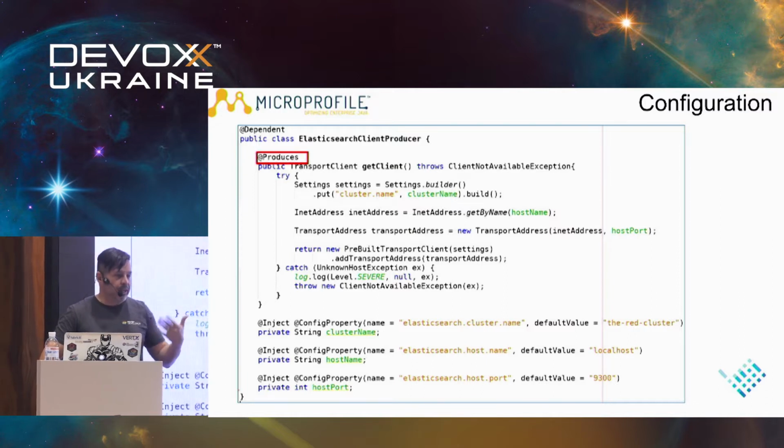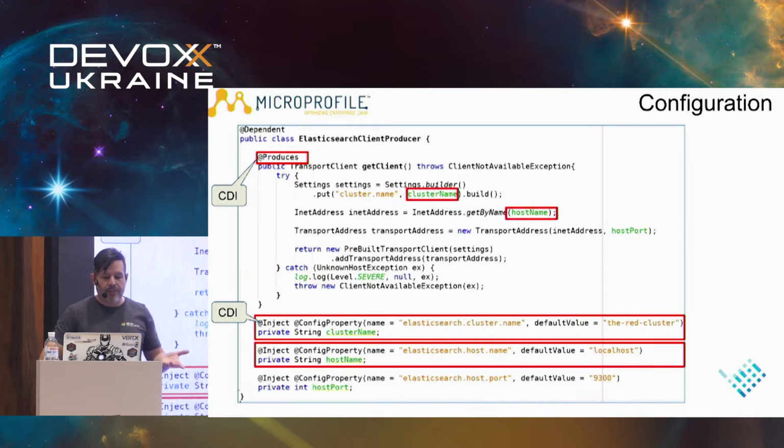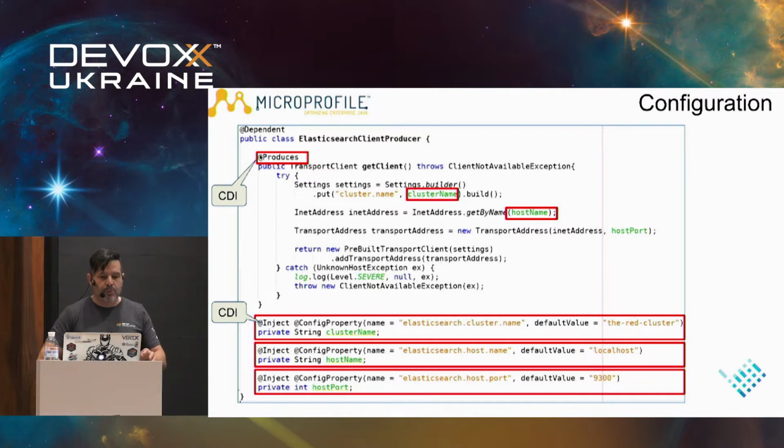So you can use, again, CDI with configuration and provide values like the name, the host, and the port, just using the annotation ConfigProperty. And that will be part of the client that you are building or producing.